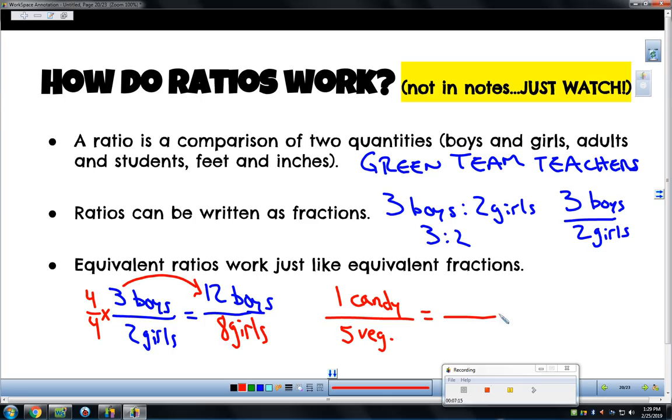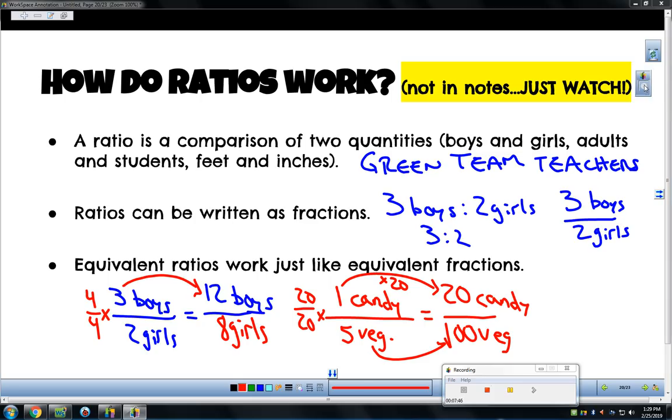And I just got a whole bag of Reese's, and inside there were 20 Reese cups, and I wanted to eat all of them. How many vegetables would I need to eat? How did I get from 1 to 20? Times 20. So down here, I also need to multiply by 20. So 20 times 5 would give me 100 vegetables. Ratios work just like equivalent fractions.